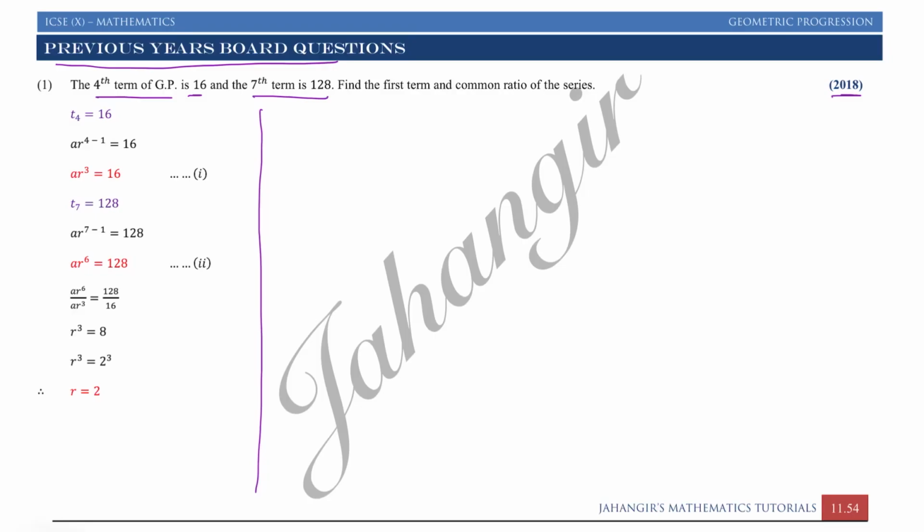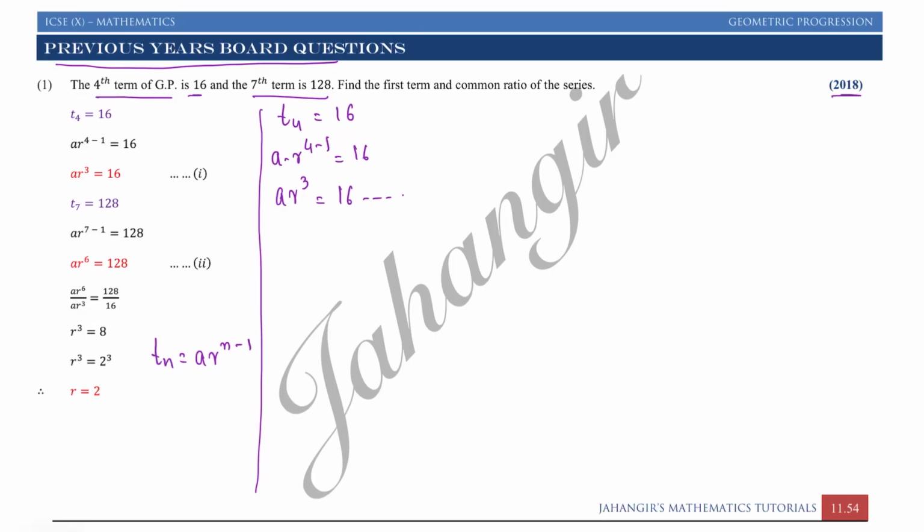It's quite a simple question. So here what you can do, you can write T4 is equal to 16. We know the Tn formula is a into r raised to n minus 1. So here I will write a into r raised to 4 minus 1 is equal to 16. A r cube is equal to 16.